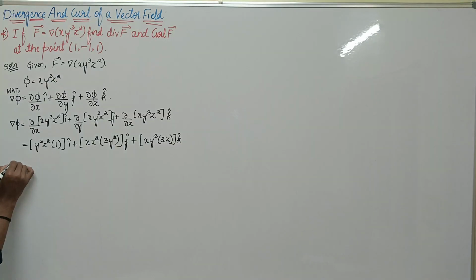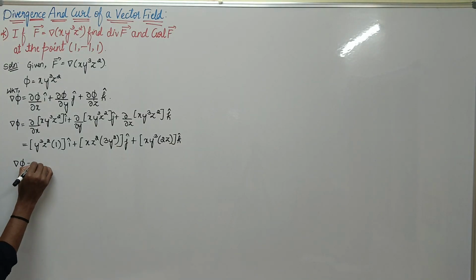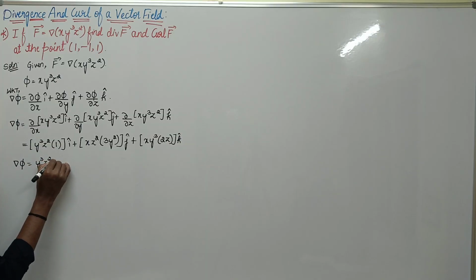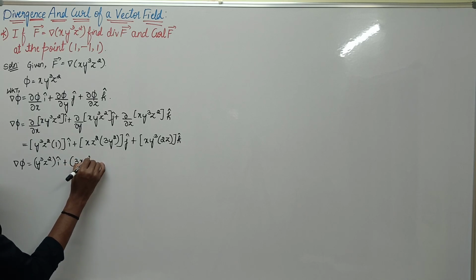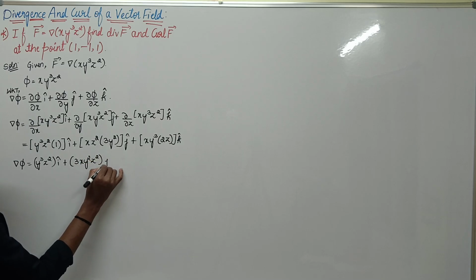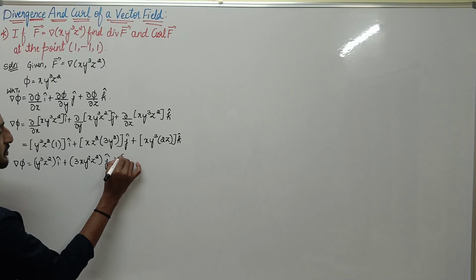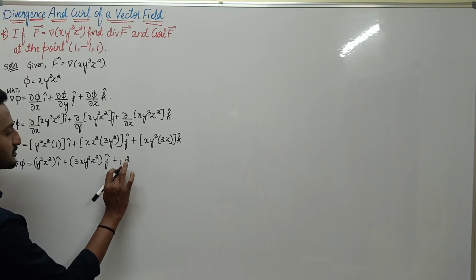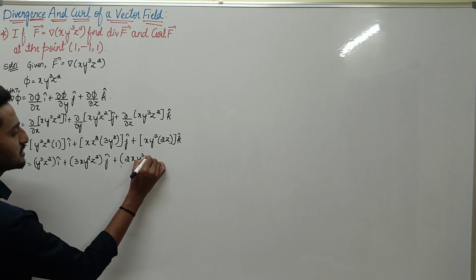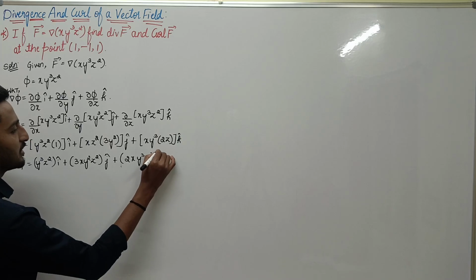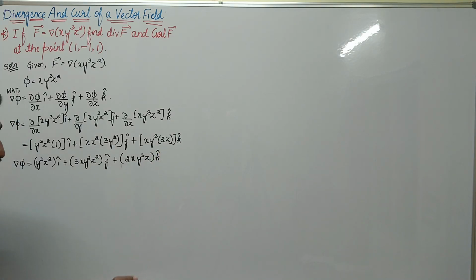Now gradient phi is equal to y cube z square i cap plus 3x y square z square j cap plus 2x y cube z k cap. We have just written it in order form, nothing more. This is our gradient phi.